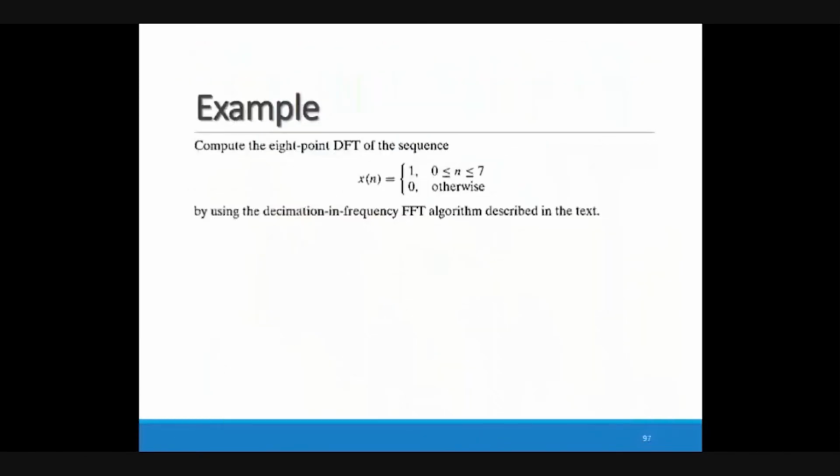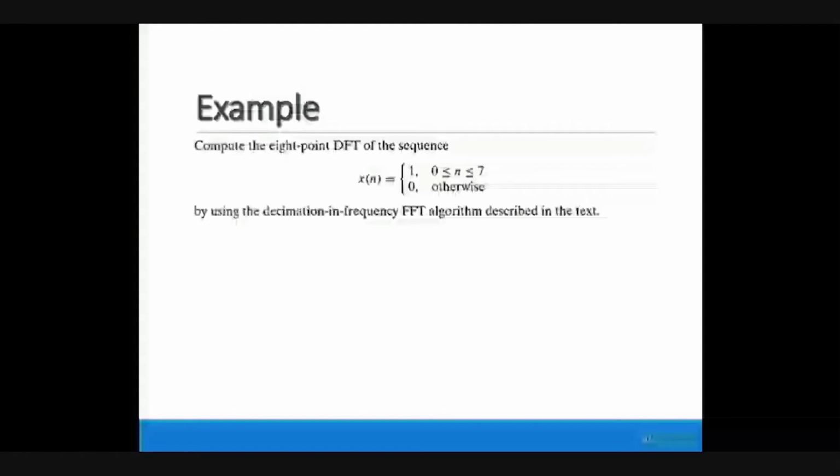Compute the 8-point DFT of the sequence x of n is equal to 1 for the values 0 less than or equal to n less than or equal to 7, and 0 otherwise. So this is one sequence given to you.